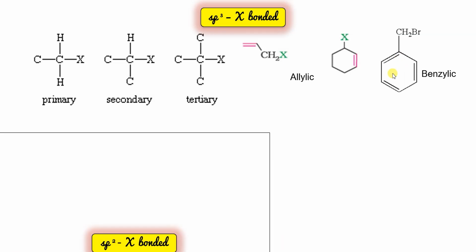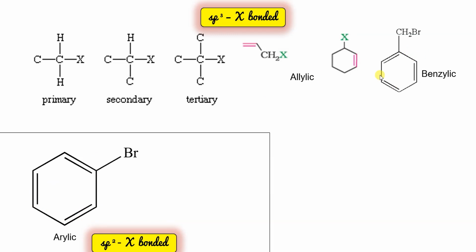If we talk about the sp2 hybridized carbon, it will be arylic. That means the halogen is attached with this carbon, and this carbon is an sp2 hybridized carbon. For arylic, we say that if the halogen group is directly attached with the benzene ring, then it is called arylic. Students get confused between arylic and benzylic.